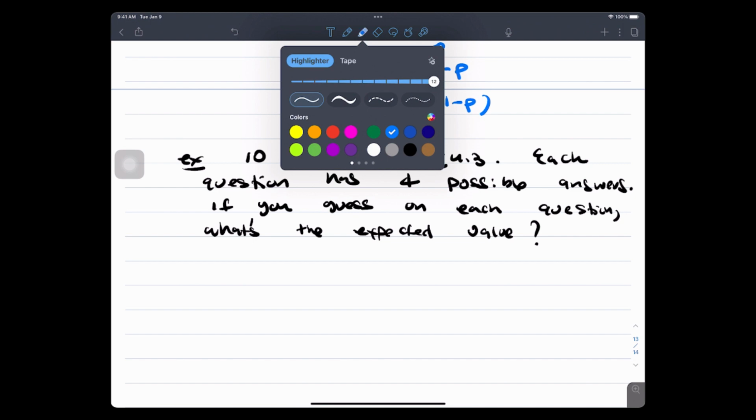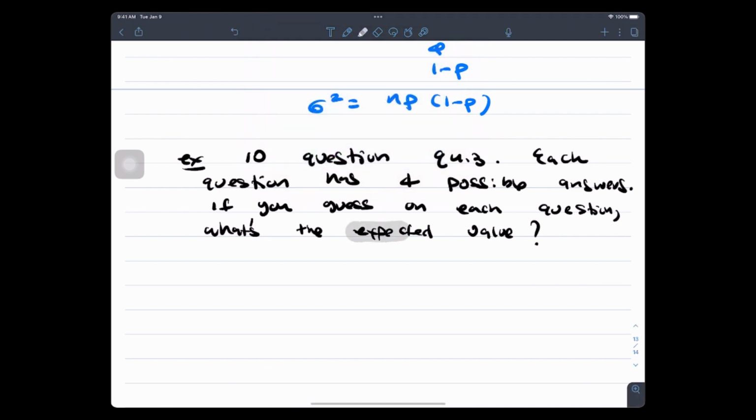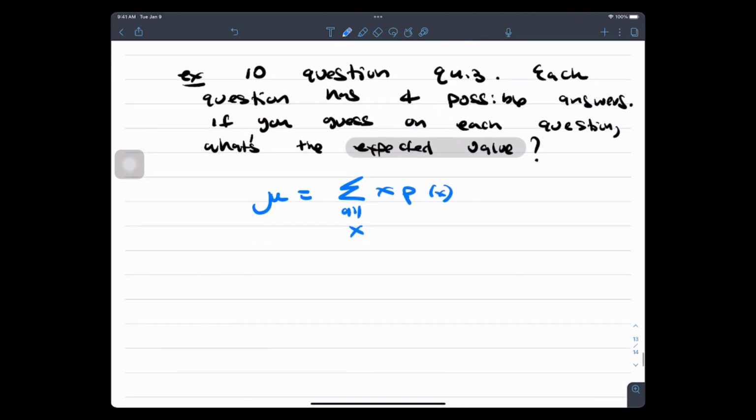Because when you read the phrase expected value, automatically you go, okay, I know the definition. Mu equals the sum of x times p of x. You guys with me on that?